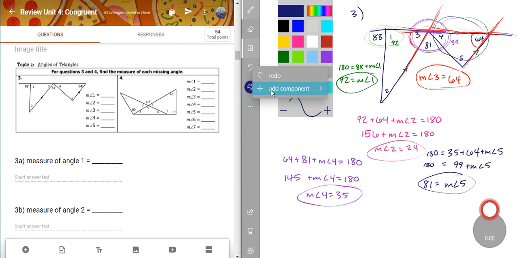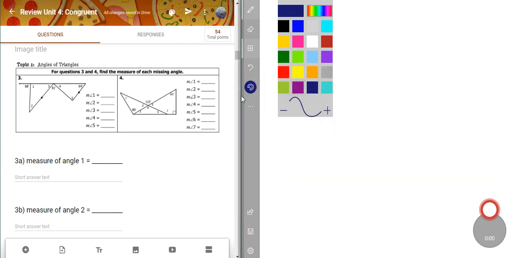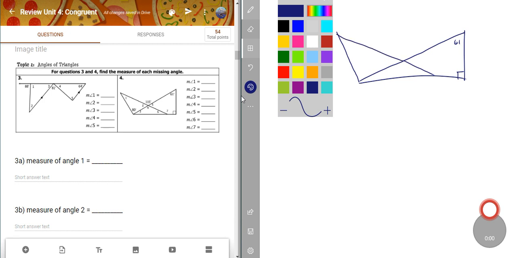Number 4, very similar. Let's crank through that one as well. We've got a 90-degree angle, 61. That one fades out a little bit, and it does not connect to that right angle.